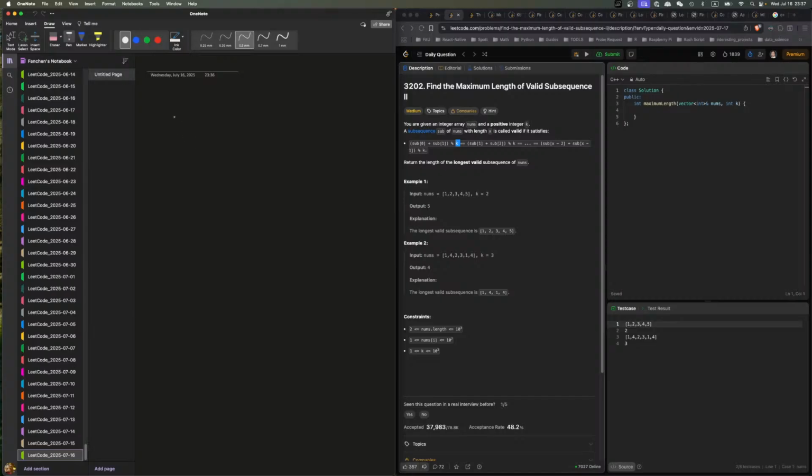Remainders. So essentially, we want the sum to have the same remainders.